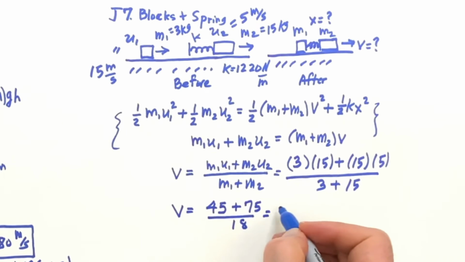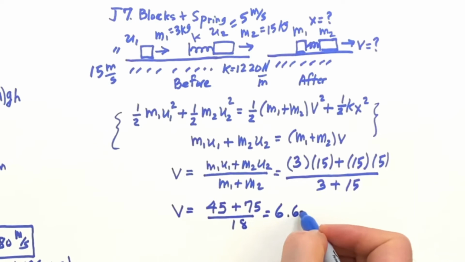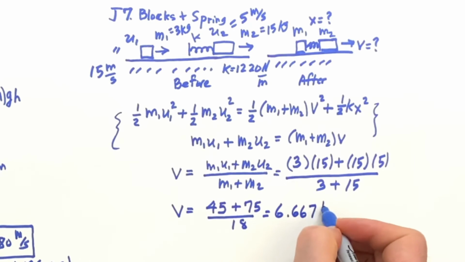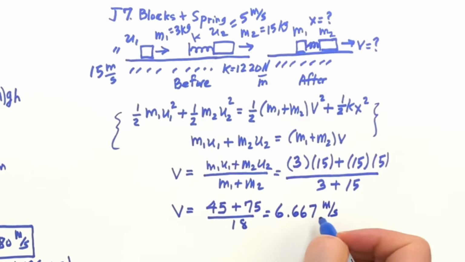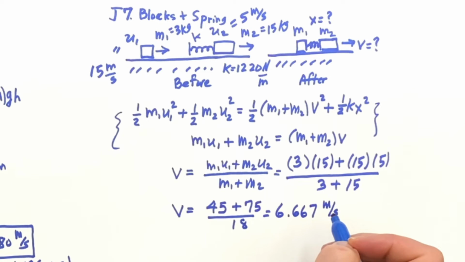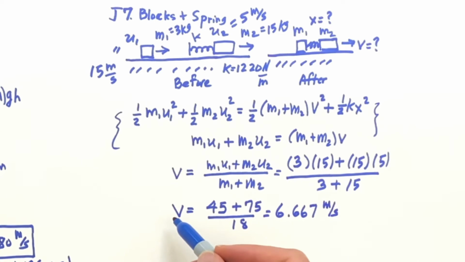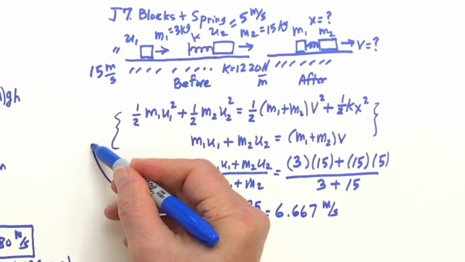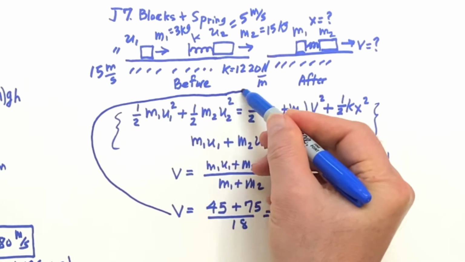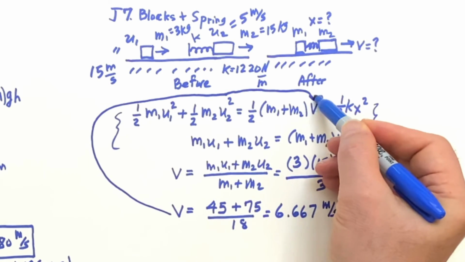And with the calculator working that out, you get 6.667 meters per second. I like to keep extra figures here and round off at the very end. That's my preference. So then, once we have that, we can put this in way up in here and be finished.